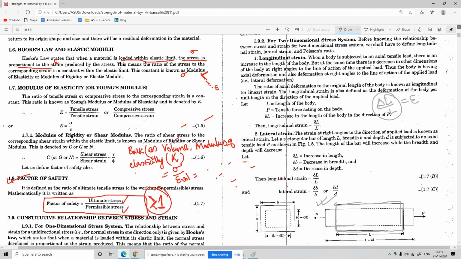When it is under a tensile stress, on both sides there will be some amount of elongation.